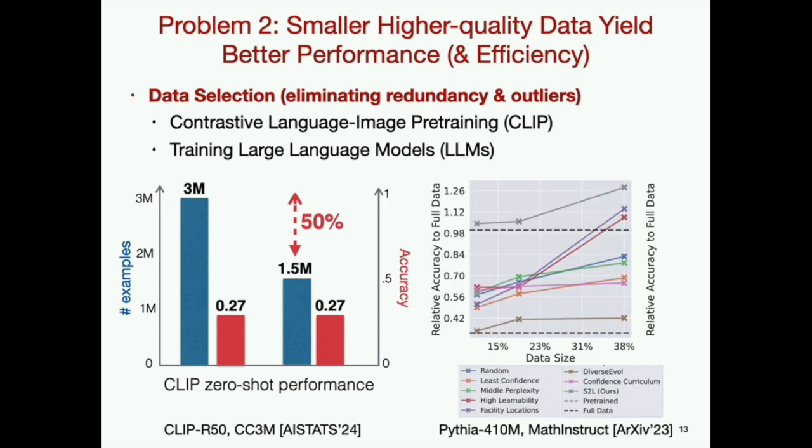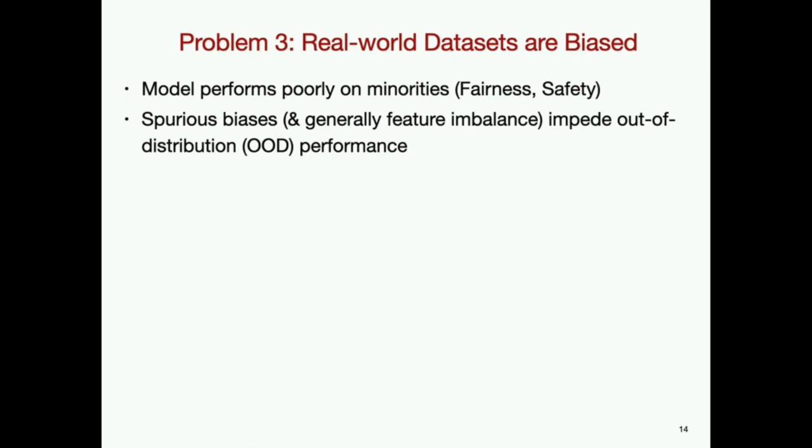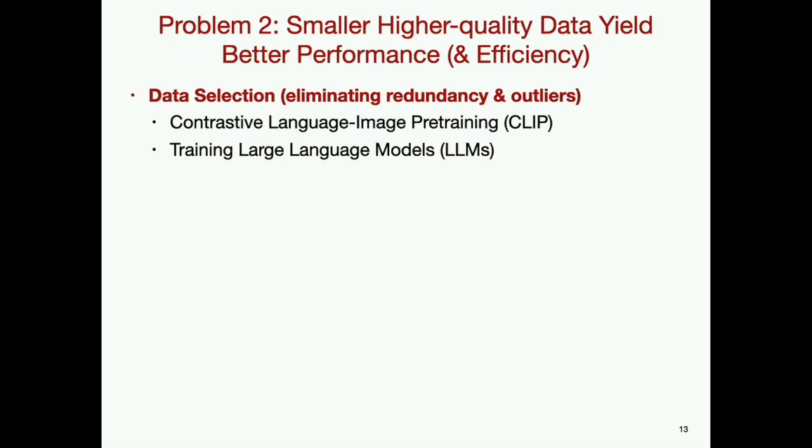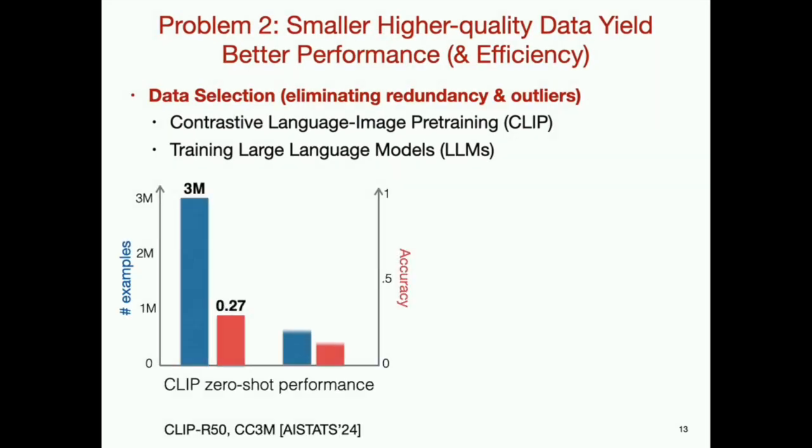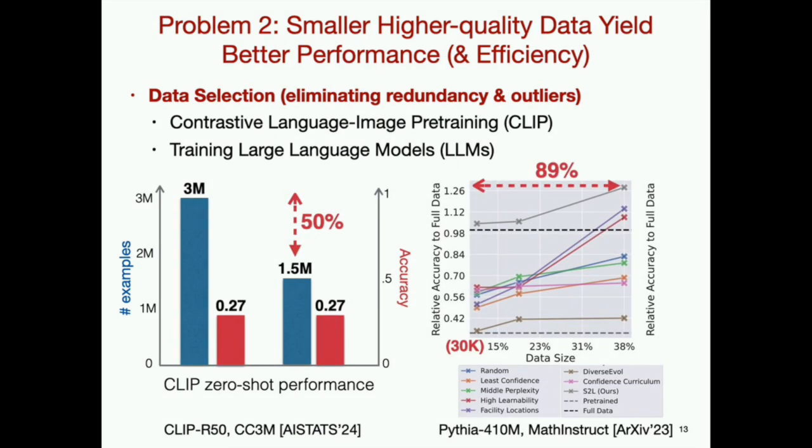Let's look at language model fine-tuning. This is fine-tuning on the MathInstruct dataset for solving mathematics questions. Now you see that if we go with only 11% of this data, here you see a 90% reduction in the size.